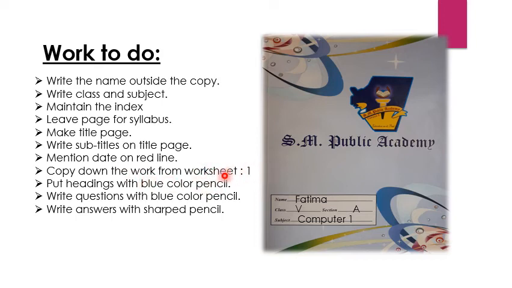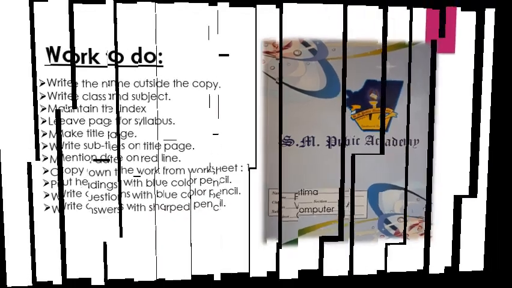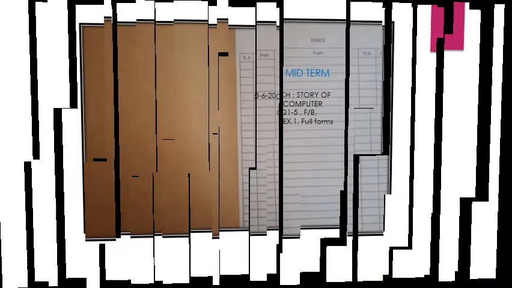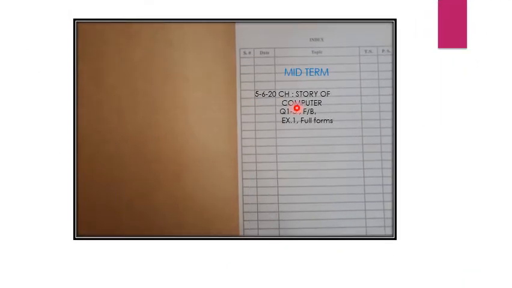For each chapter you will be given worksheets or assignments. You have to copy them down into your copy. Put all the headings with blue color pencil, write questions with blue color pencil, and write all the answers with sharp pencil. This is how the index looks.